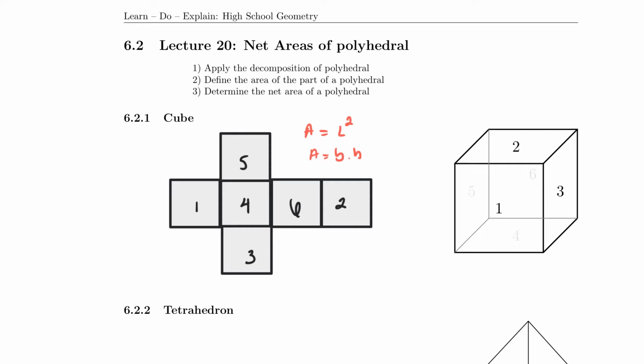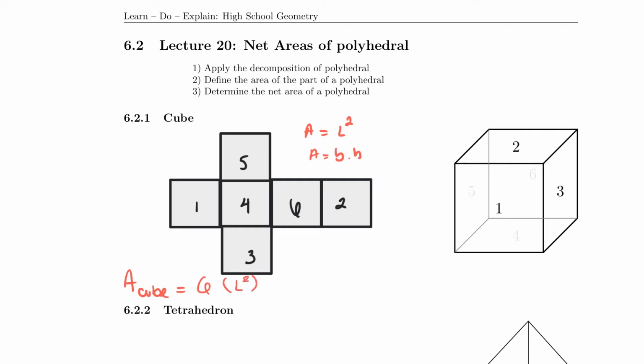Okay, so the net area for this cube will be 6 times the area of each individual square. So 6 times L squared.